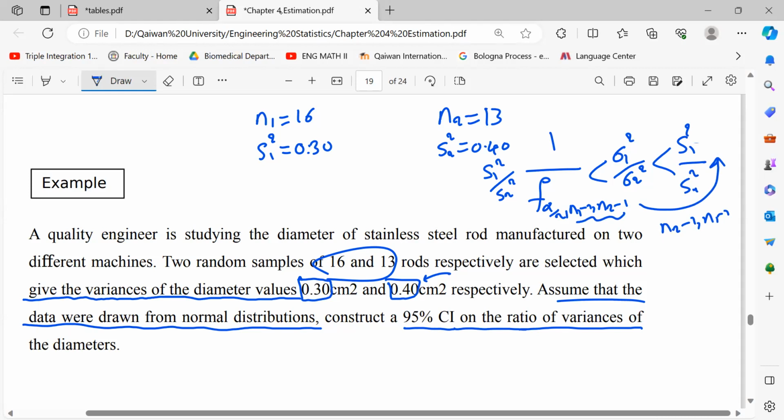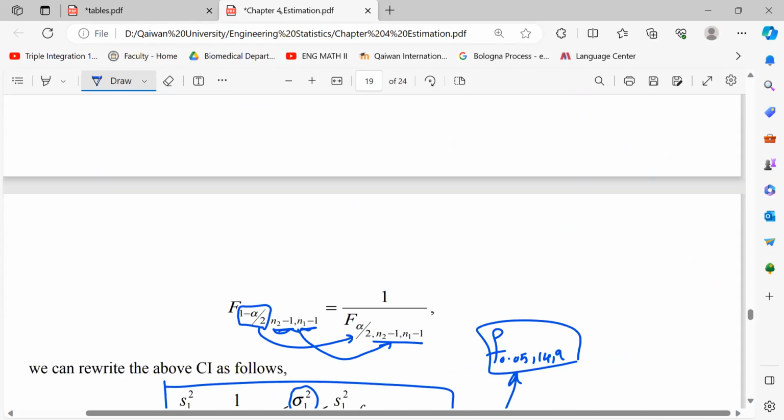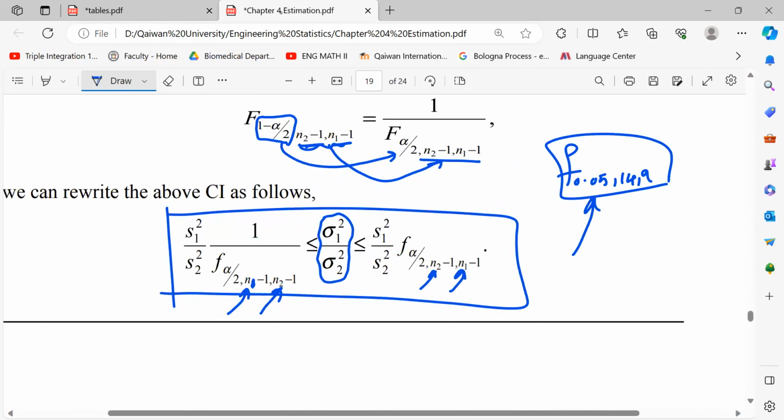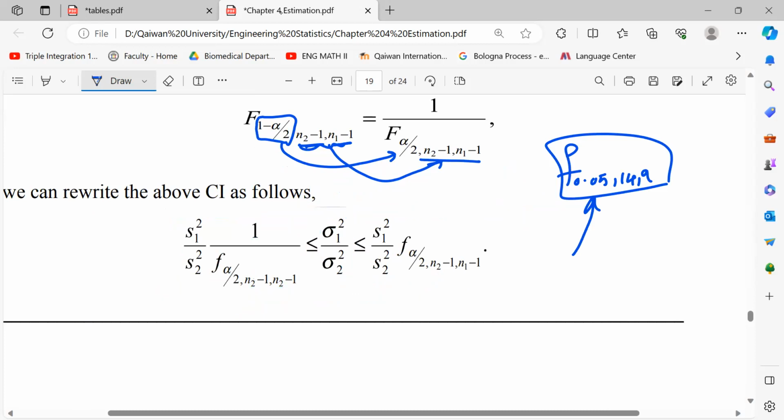In the right hand side, N2 minus 1 is first and N1 minus 1 is second. But in the left hand side, F is in the denominator and N1 minus 1 and then N2 minus 1. We have this. Okay? This is the rule.